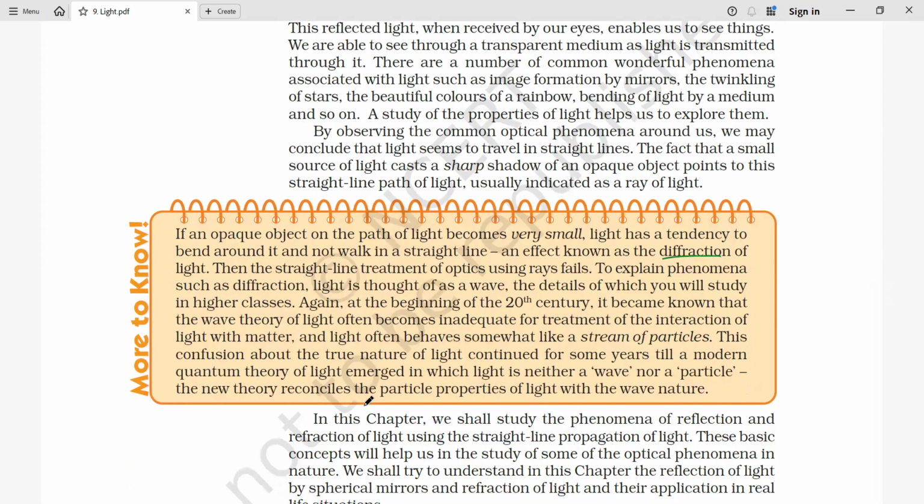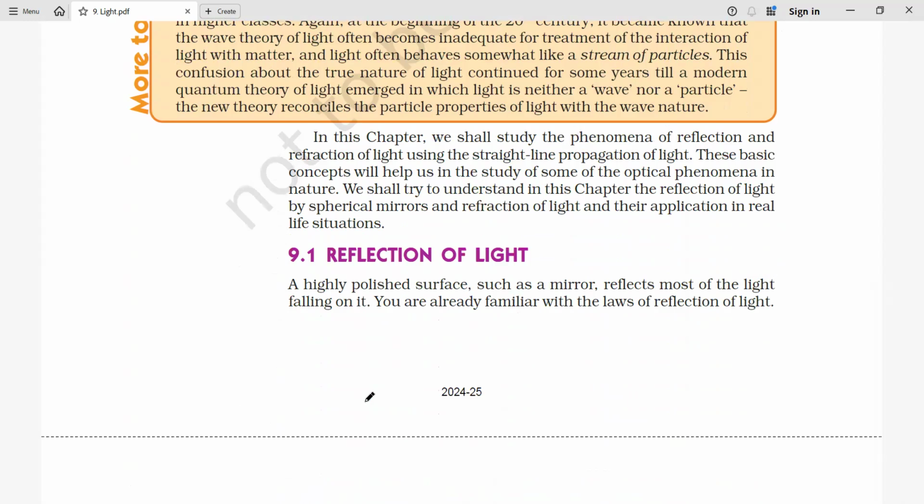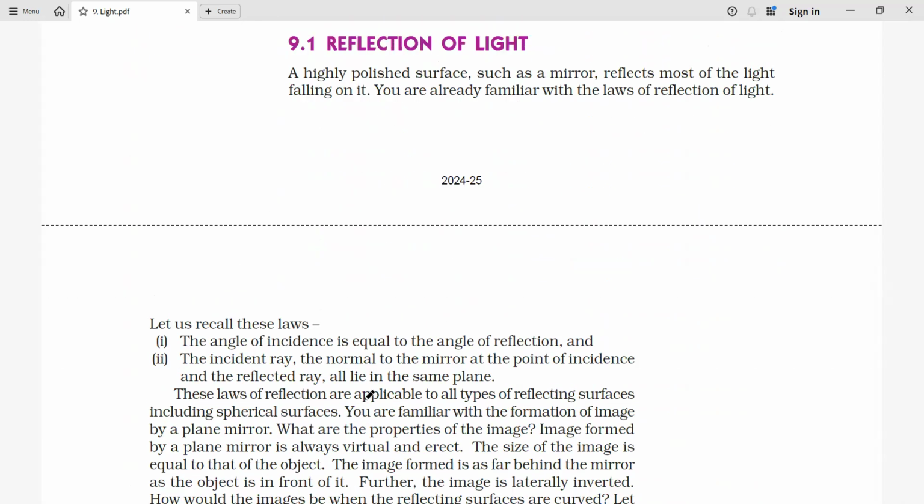Okay, so finally we have the reflection of light. Suppose we have some surface, and light is not able to pass through this surface. At a point here we take one line which is perpendicular to this interface, that we call the normal.